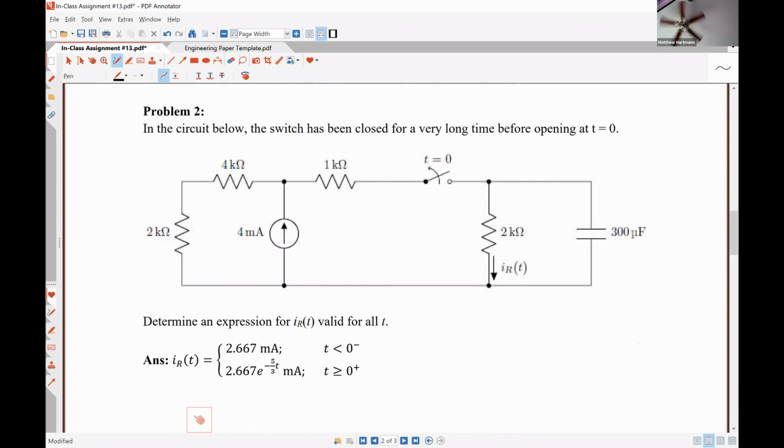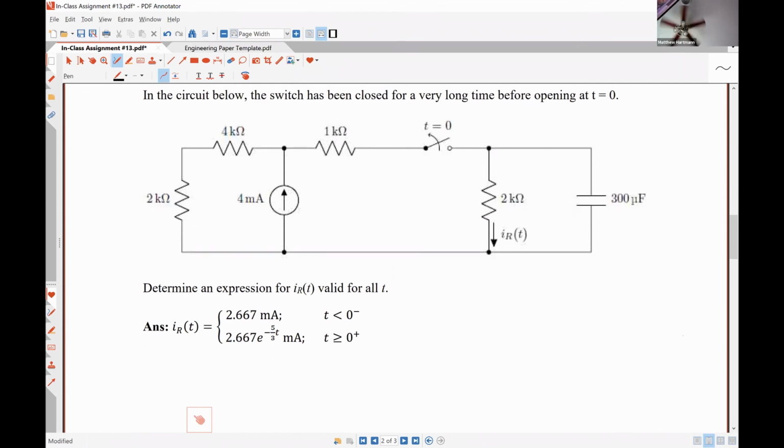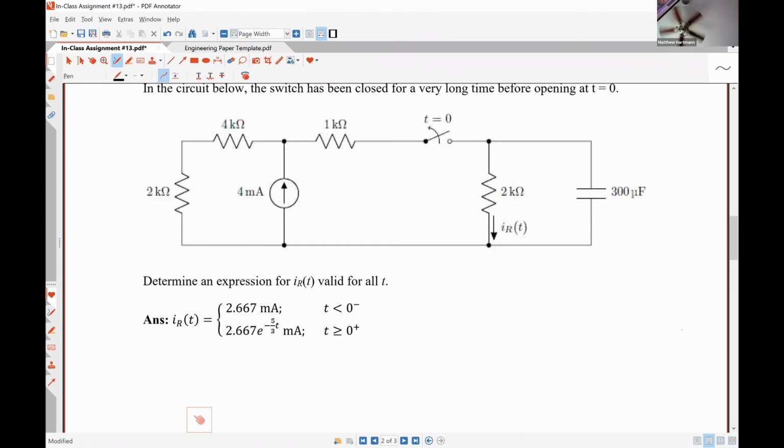Let's look at problem number 2. So in this problem, we have a switch that's opening up and it's going to leave us with a 2 kilo ohm resistor in parallel with a 300 microfarad capacitor. Okay. So it's still a natural response problem, nothing too crazy here. So let's look at it at t is equal to 0 minus again.